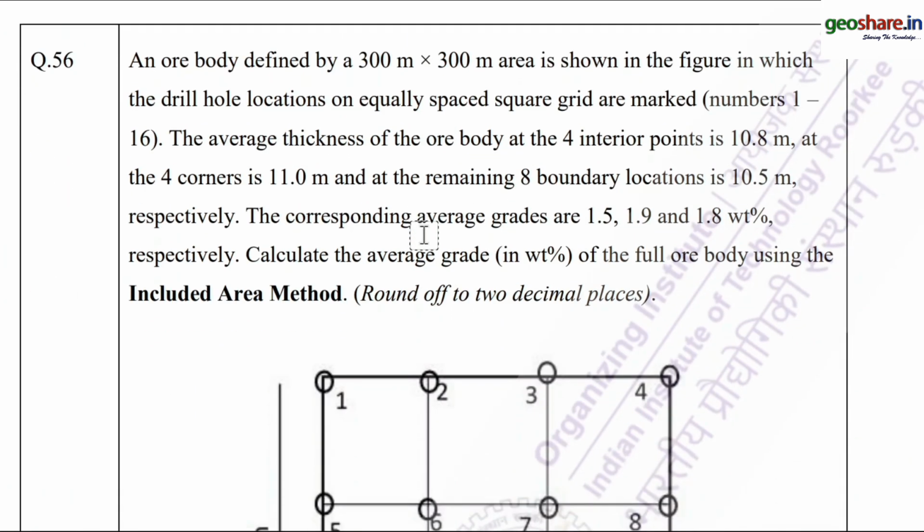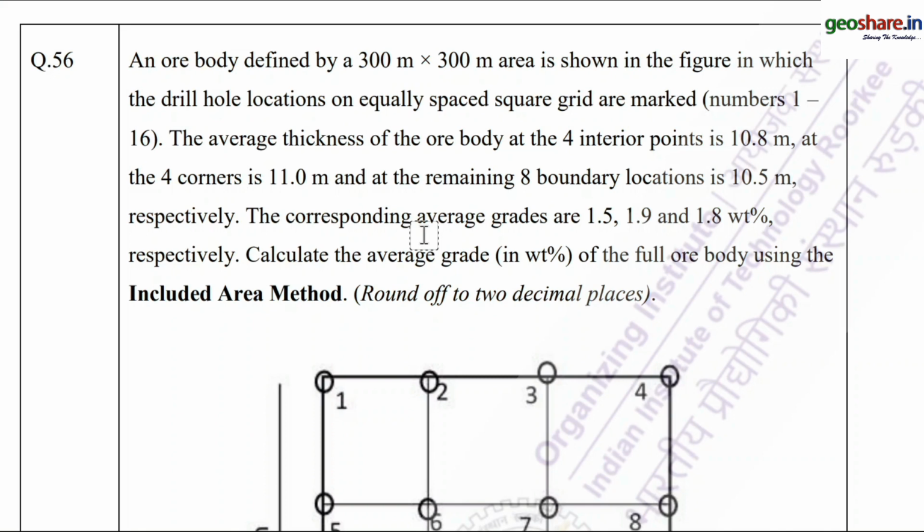An ore body of 300 meter by 300 meter area is shown in the figure, in which the drill hole locations on an equally spaced square grid are marked number 1 to 16. The average thickness of the ore body at the 4 interior points is 10.8 meter, at the 4 corners each 11.0 meter, and at the remaining 8 boundary locations 10.5 meter respectively. The corresponding average grades are 1.5, 1.9 and 1.8 weight percent respectively.